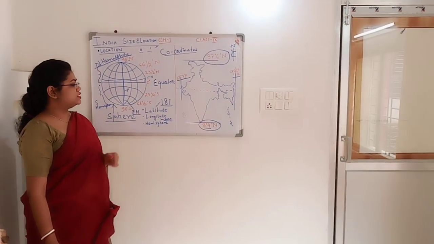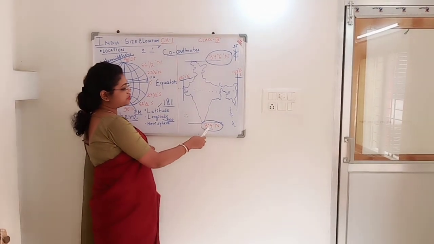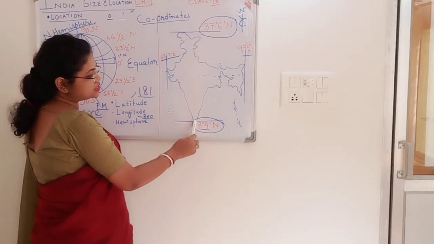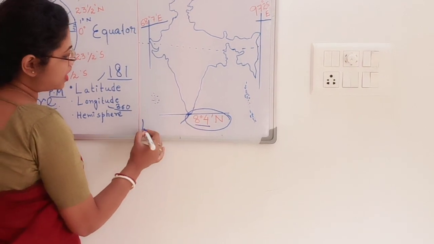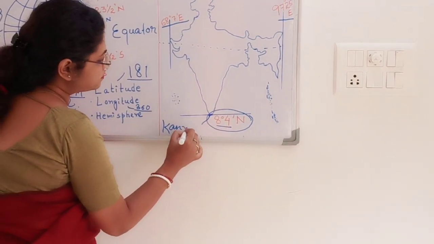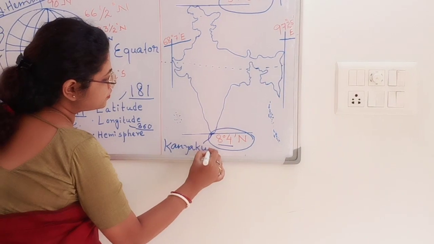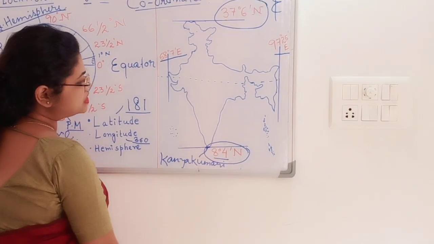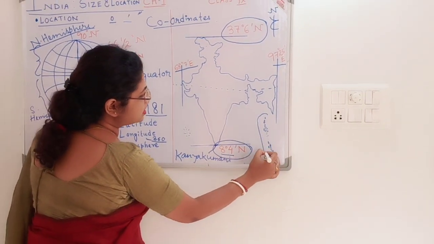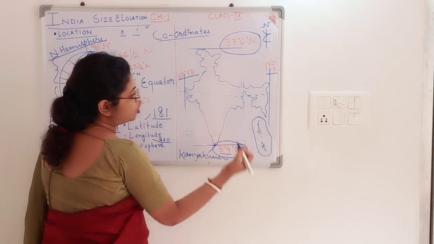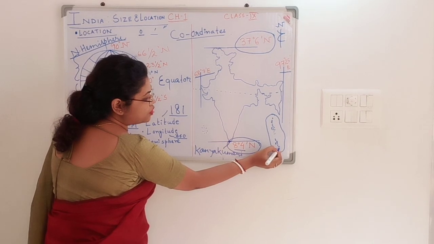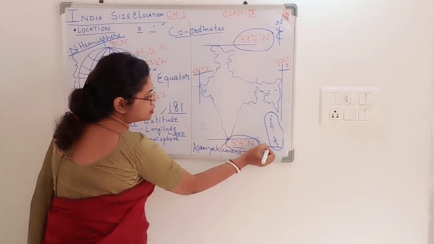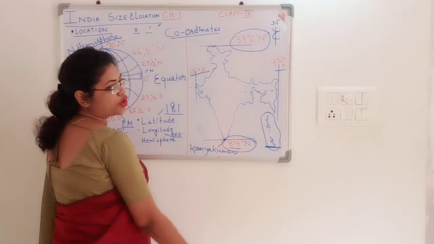Now look at India's map. You will find I have written over here 8 degree 4 minute north. That is the southernmost point of the Indian mainland. Here we are having Kanyakumari. But see this area. This is the island group of India that is called Andaman and Nicobar Islands. And the last tip of this island is called Indira Point.